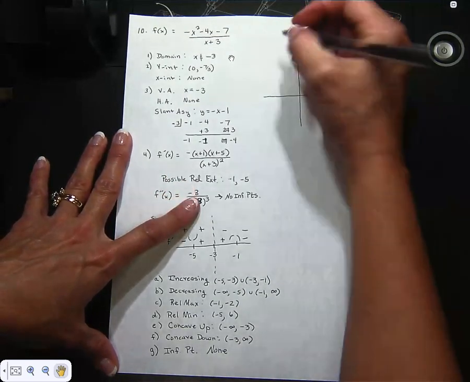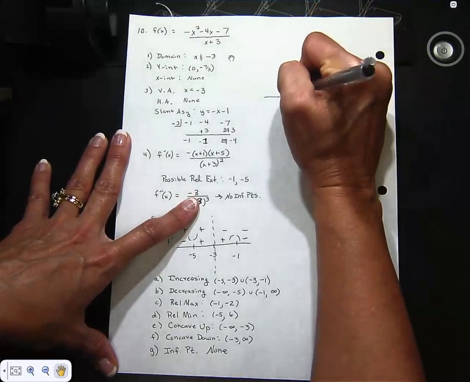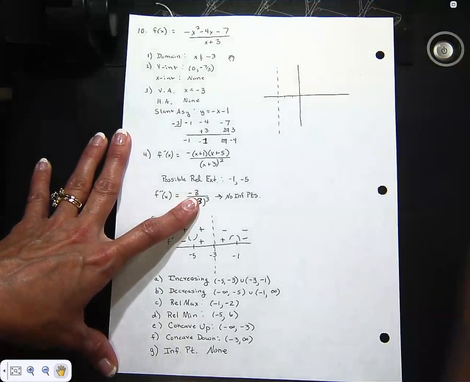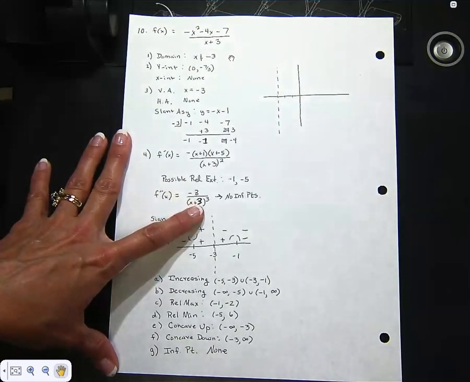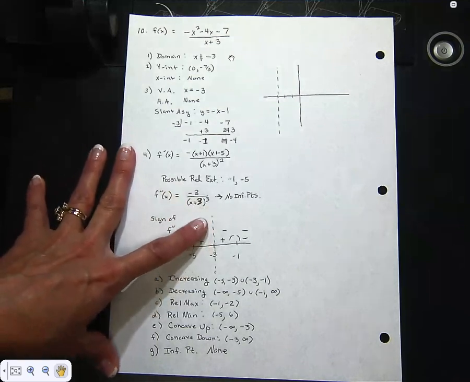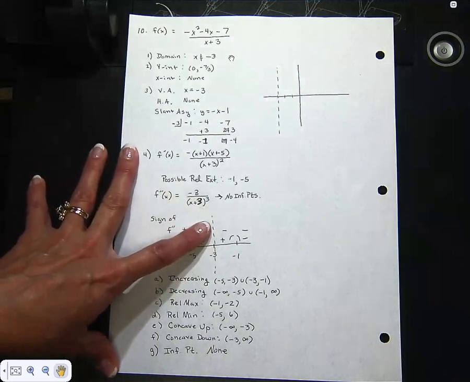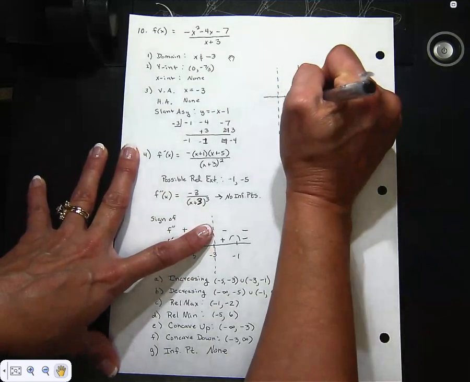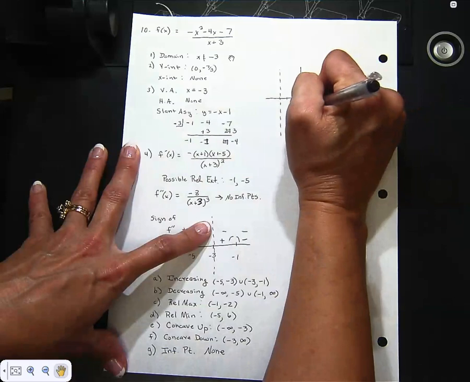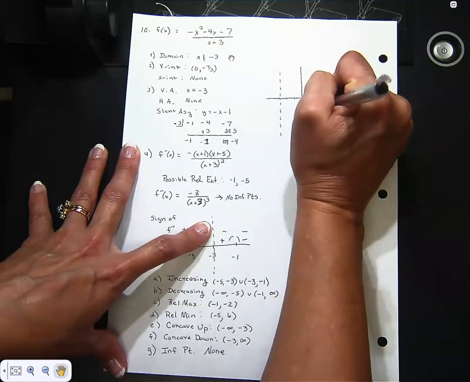I have a vertical asymptote at -3. And I have a slant asymptote, y equals -x minus 1. That has a y-intercept of -1 and a slope down 1 to the right 1.